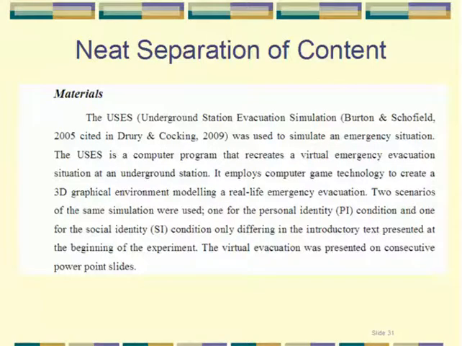It employs computer game technology and so on. 2 scenarios of the same simulation were used, one for the personal identity condition and one for the social identity condition, only differing in the introduction text presented at the beginning of the experiment. The virtual evacuation was presented on consecutive PowerPoint slides.